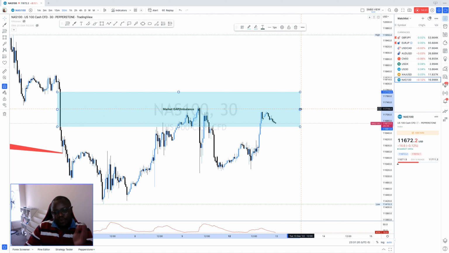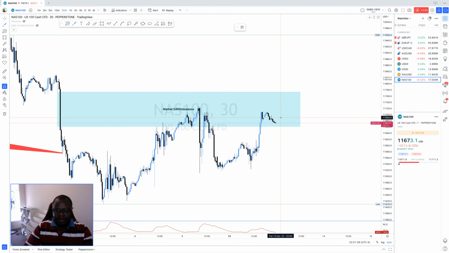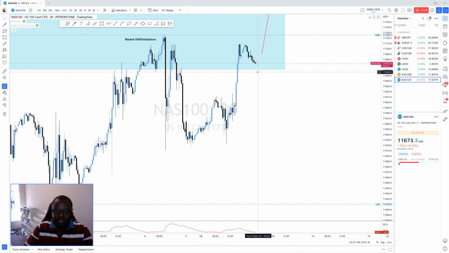So if you are right now trading this pair, most definitely, they will move price upwards to clear this imbalance. But if you are very keen, you also notice that as they're moving price up, they are leaving some more imbalances downwards.